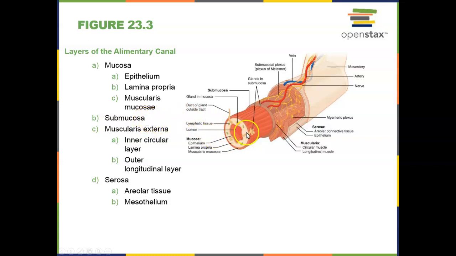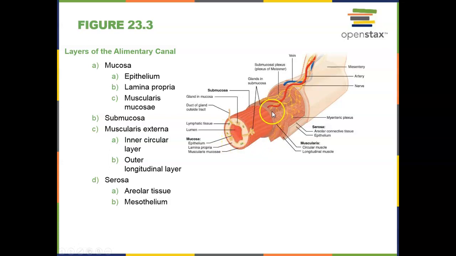We then have a submucosal membrane. So the submucosal membrane, again, contains mucosal glands to help in keeping a nice thick mucousy environment that will help materials move easily, but also will trap any potential pathogens.